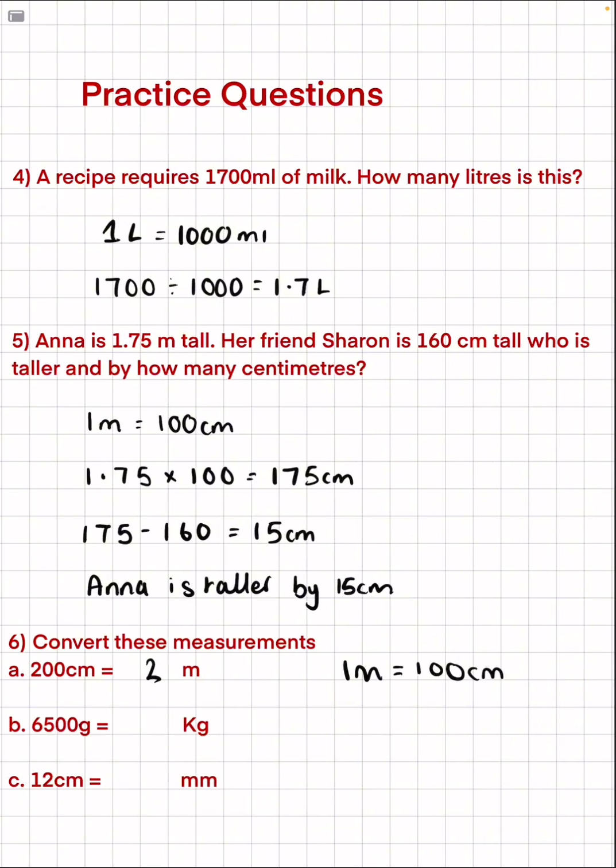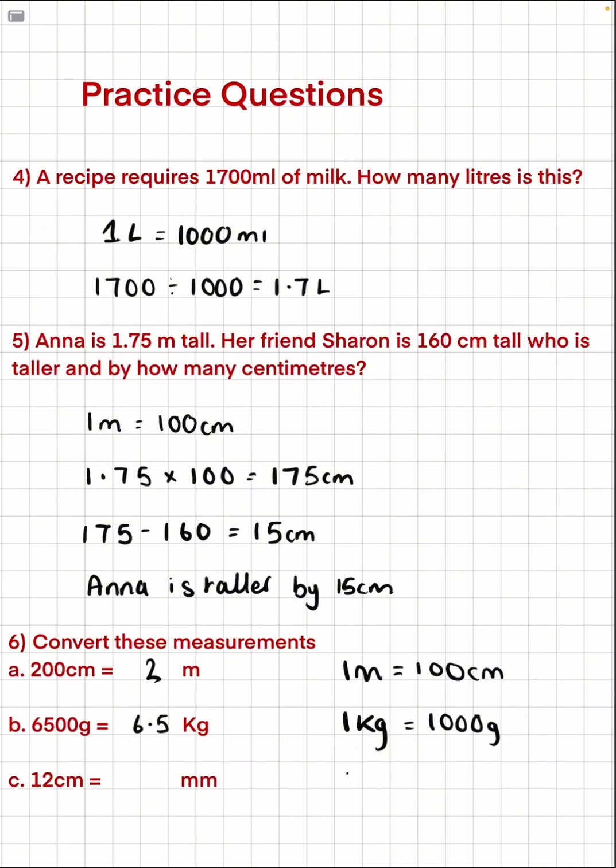6b is asking to convert 6,500 grams to kilograms. We know that 1 kilogram equals 1,000 grams. So we're going from small units to big units, so we divide 6,500 divided by 1,000, which equals 6.5 kilograms. 6c is asking to convert 12 centimeters to millimeters.